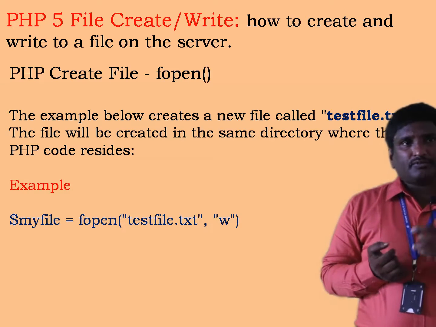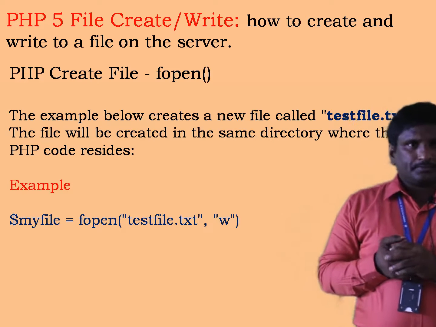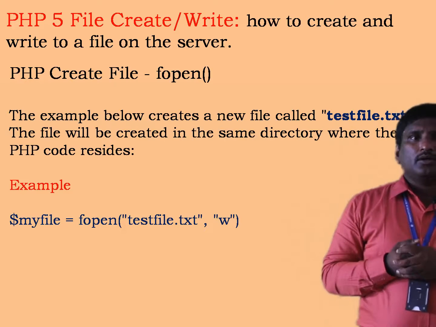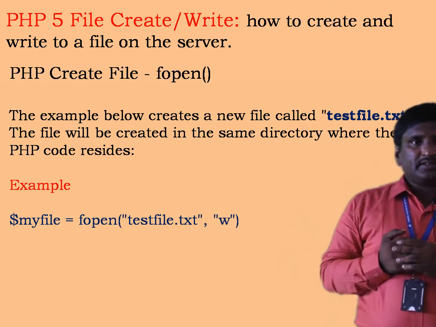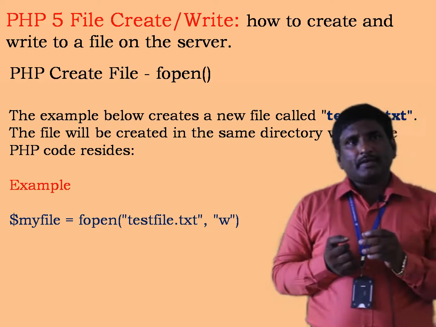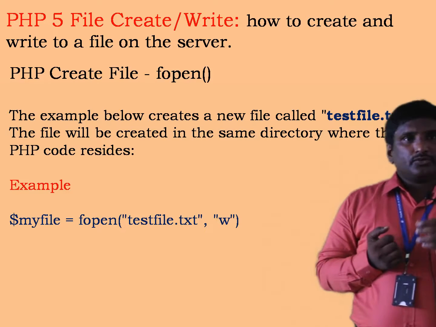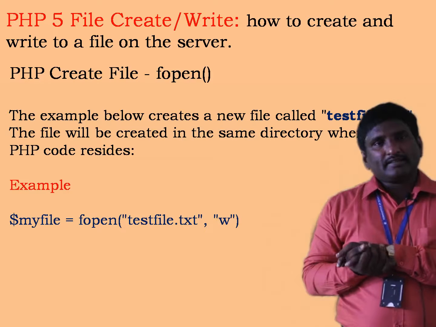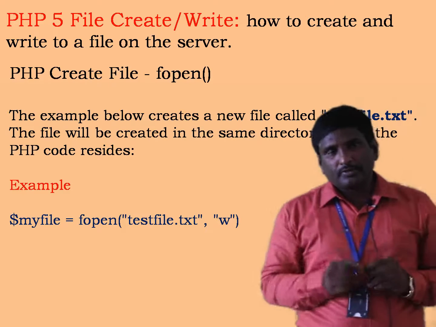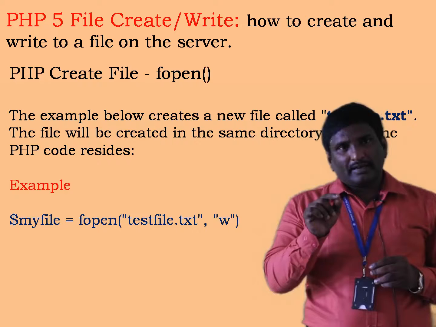For that, first we need to use fopen. This example below creates a new file called testfile.txt. The file will be created in the same directory where the PHP code resides. So here I open testfile.txt with the mode W. Earlier we opened with mode R, read only.